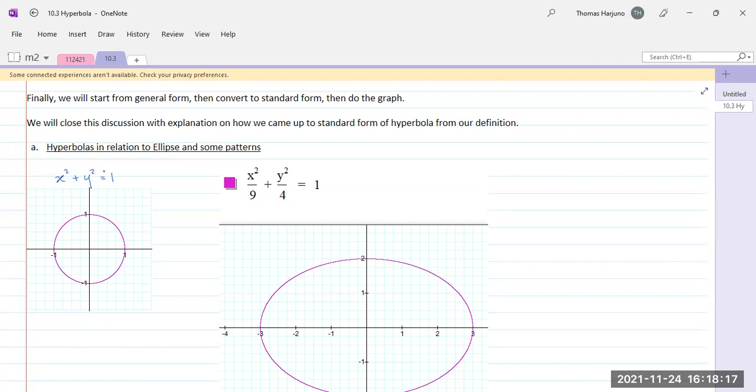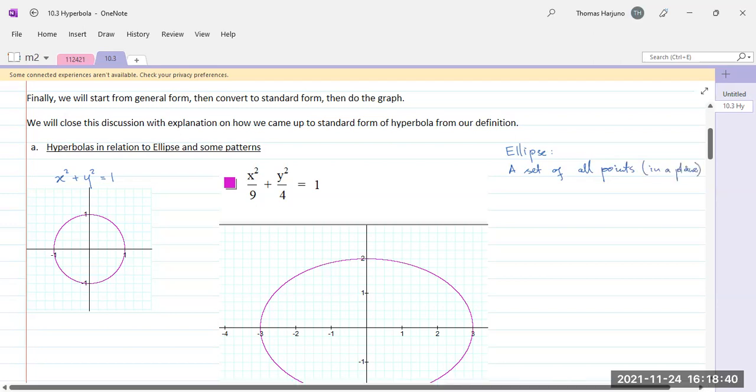Now, ellipse was defined as the set of all points in a plane whose sum of distances from 2 fixed points, which we call foci, is a positive constant.